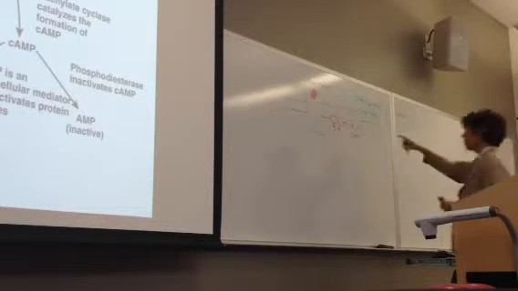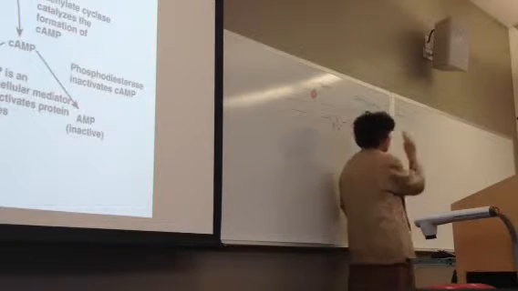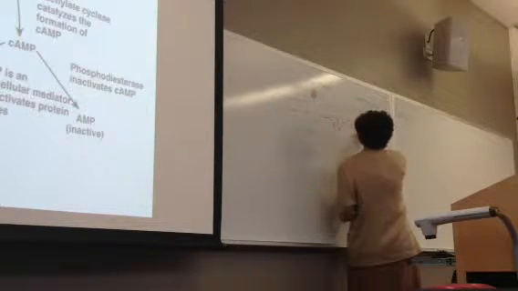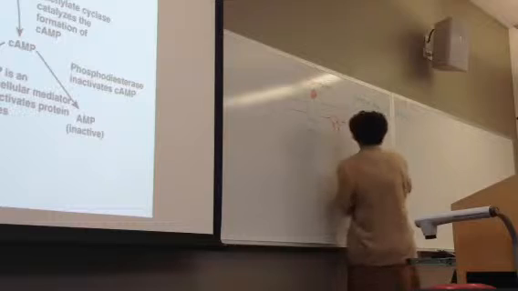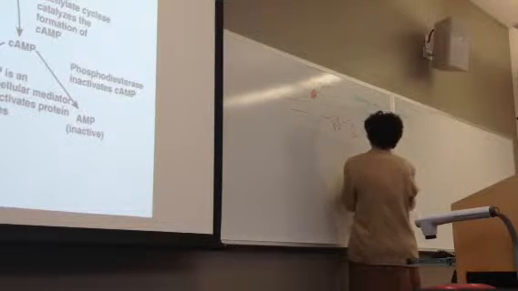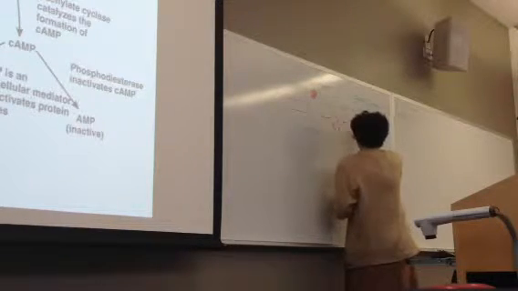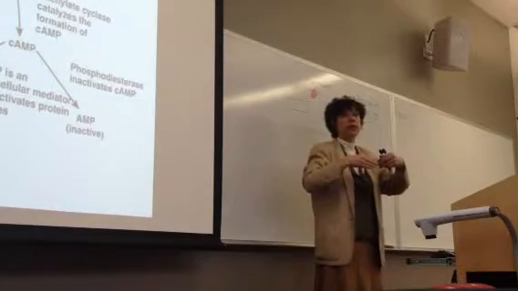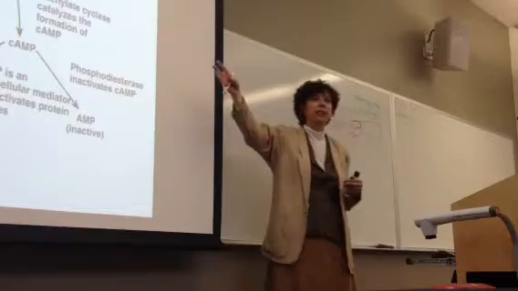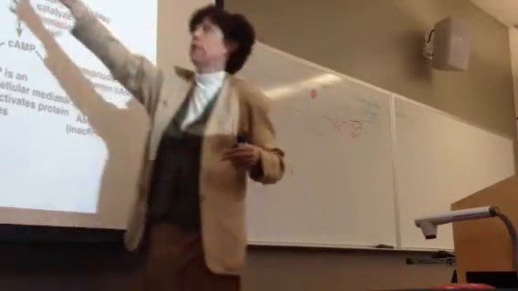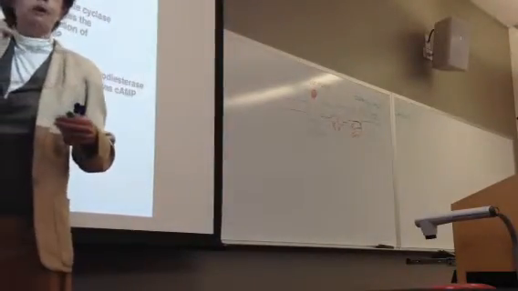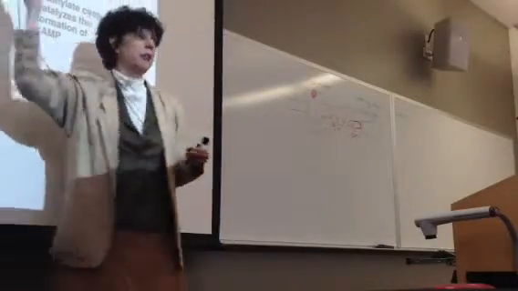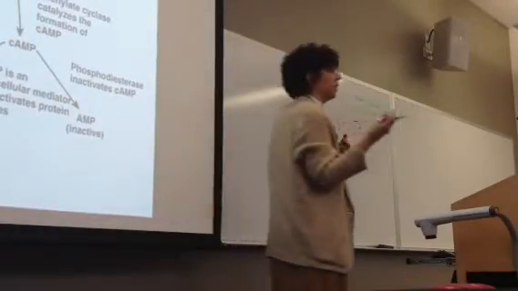So adenylate cyclase is an enzyme. It's membrane bound. There is the active alpha subunit, and GTP is now going to connect with that, where it would not have been able to do that as a complete G protein. So when our G protein is bound to the receptor as a whole three-subunit complex, interaction with adenylate cyclase doesn't cause any change.